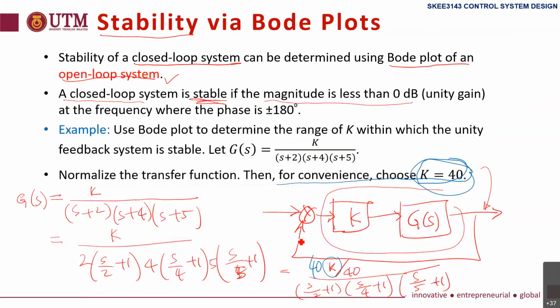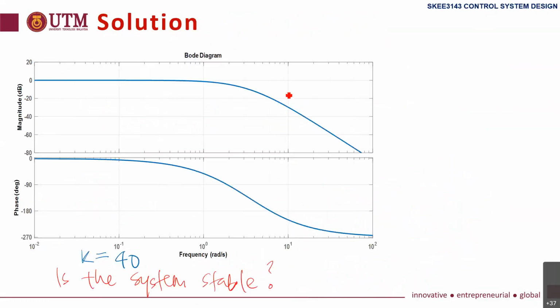What we do is, first, we have to check the phase. Find the frequency where the phase is minus 180 degrees. Minus 180 degrees is here. We go here. This is the point where the phase is minus 180 degrees, and omega is here.